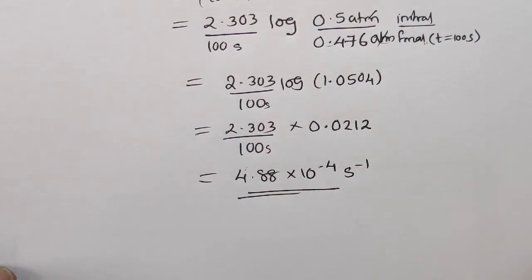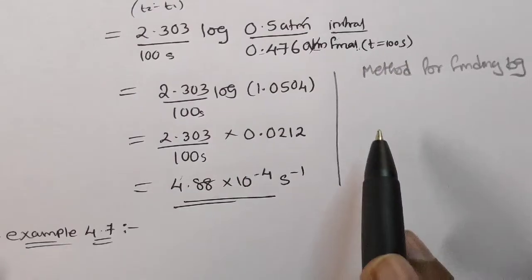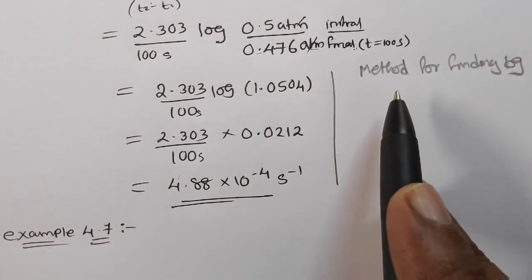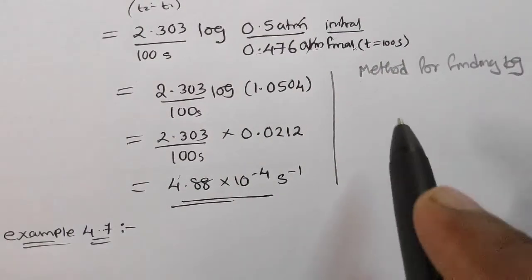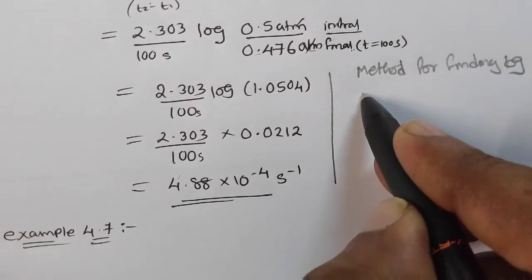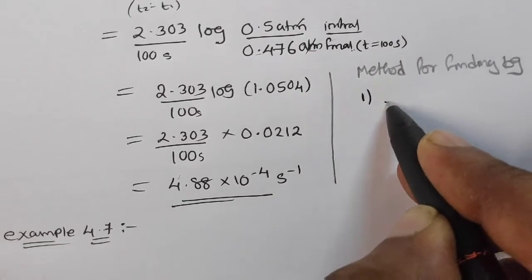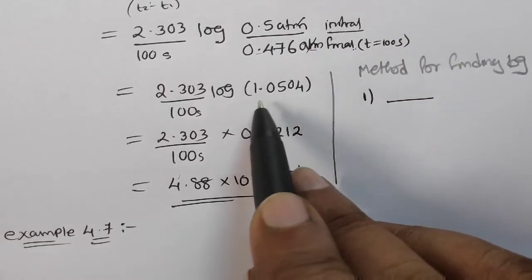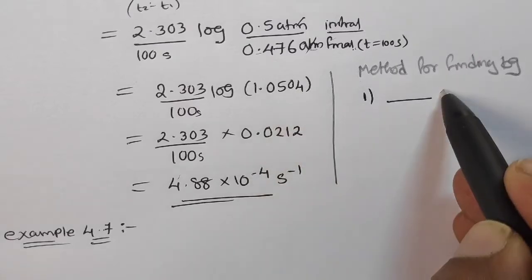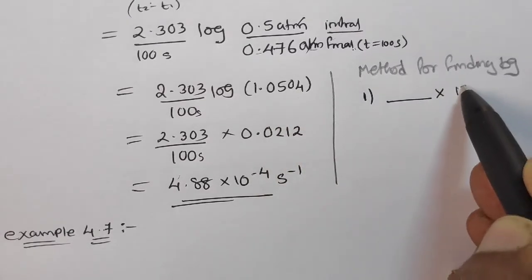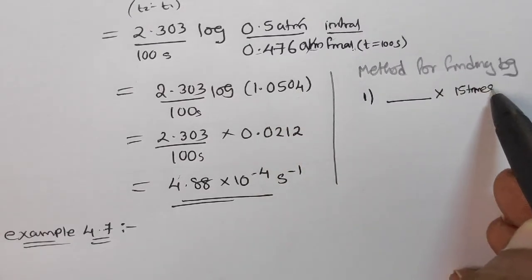Now many students must have forgotten this method of finding log, so we will explain it again here. The first step for finding log is to take the value, that is 1.0504, and take its square root 15 times.